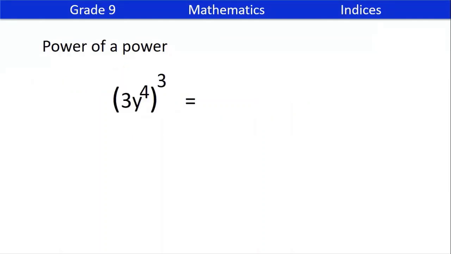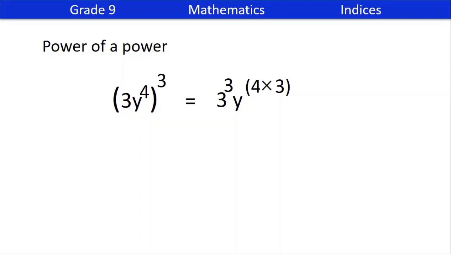Now it's time to do an example with power of a power. Here there is 3y to the power 4, to the power 3. With the brackets, you need to know that the index 3 belongs to 3, and also to y to the power 4, but the index 4 belongs only to y. So with this, we can write this like this, 3 to the power 3 and y to the power 4 to the power 3.